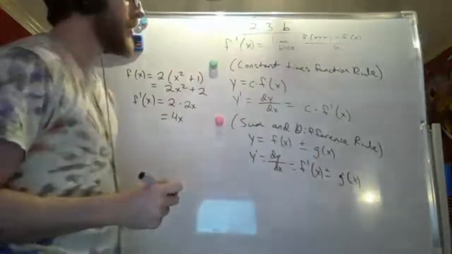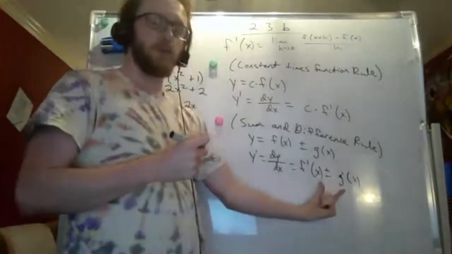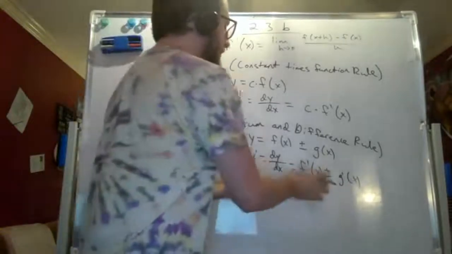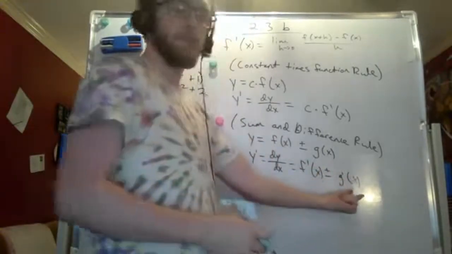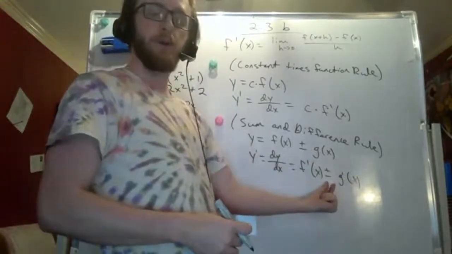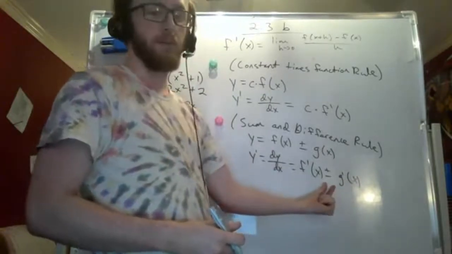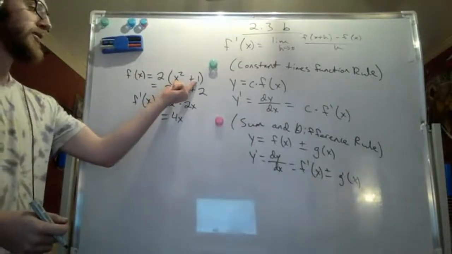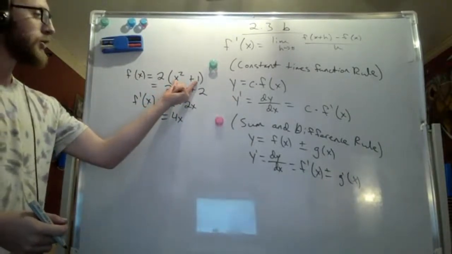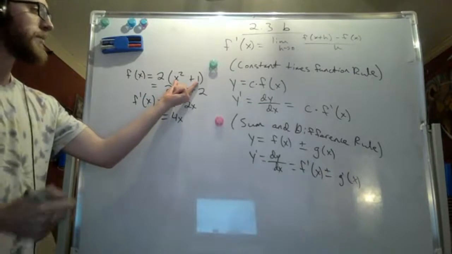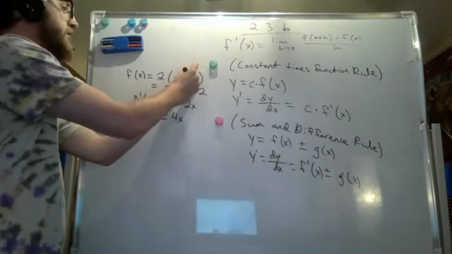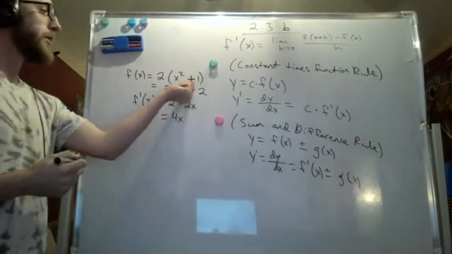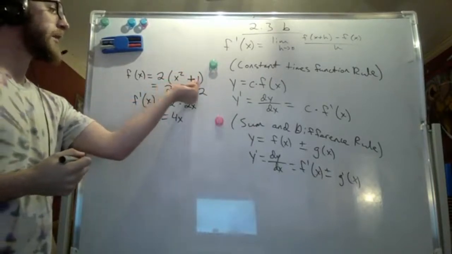In other words, when you see a plus or minus between two functions and you're trying to take the derivative, you can distribute your derivative over the plus or minus and just completely ignore the plus or minus. Just remember to keep it there in the middle. That was the same thing I did up here when I was taking this derivative of the inside part. When I took the derivative of x squared plus 1, I went ahead and separated it based on this plus sign in the middle, and just took the derivative of each separately.